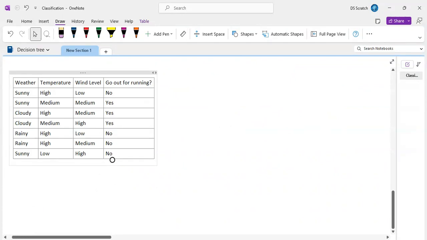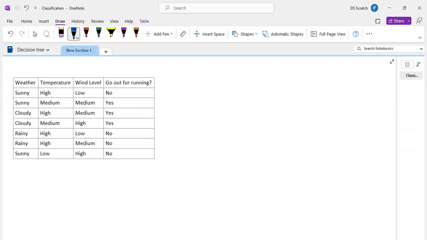We will calculate the impurity for each feature, and then we will decide based on the impurity which feature should be on the top. For that purpose, we have to calculate the impurity for each feature or each column: weather, temperature, and wind level. Whichever feature has the lowest impurity, that feature would be on the top.